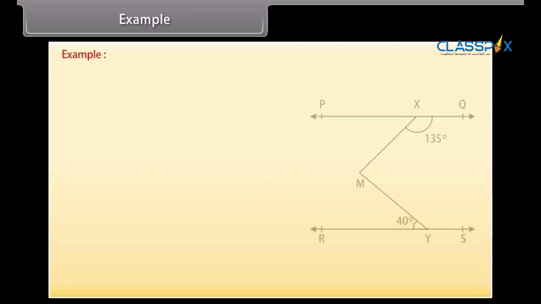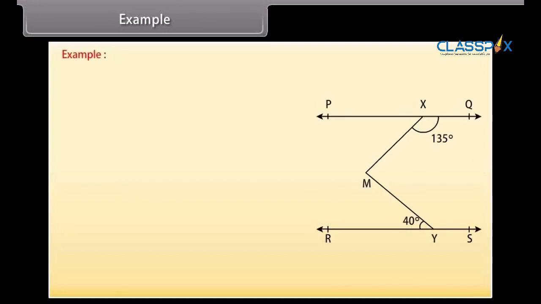Example. Now let us solve some examples related to parallel lines. Given that if PQ is parallel to RS, angle MXQ is equal to 135 degree and angle MYR is equal to 40 degree, find angle XMY.